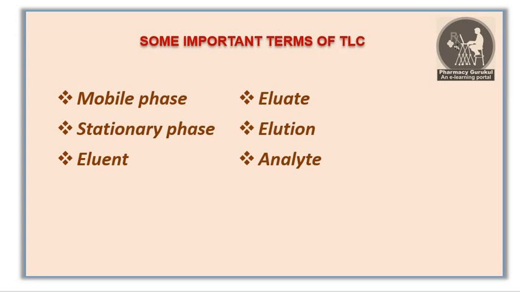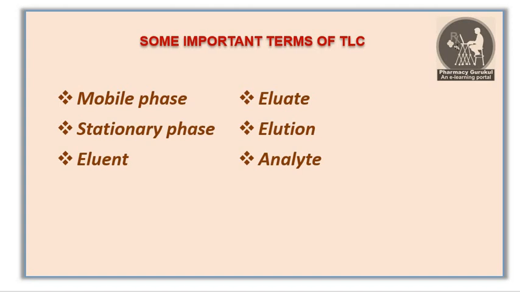Some important terms of TLC. First one is mobile phase. We all know that the solvent moving through the column is also known as carrier. Second one is stationary phase. The substance that stays fixed inside the column is known as adsorbent or stationary phase. Third one is eluent. Fluid entering the column is known as eluent.